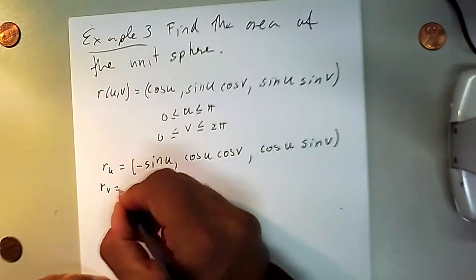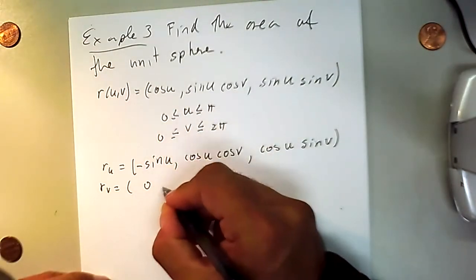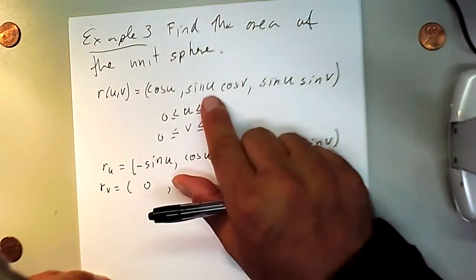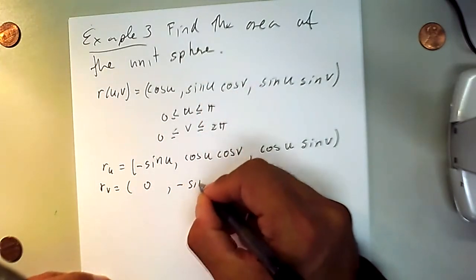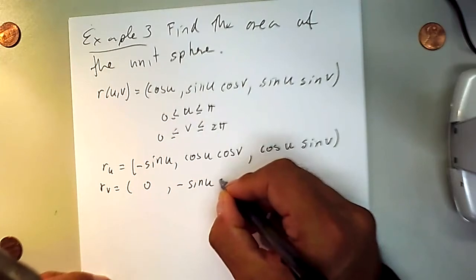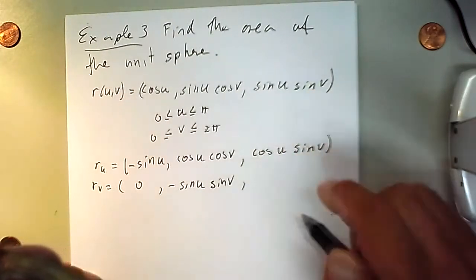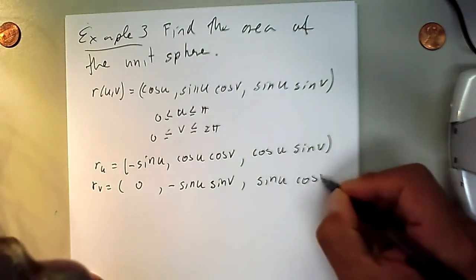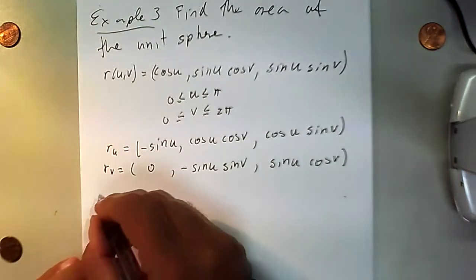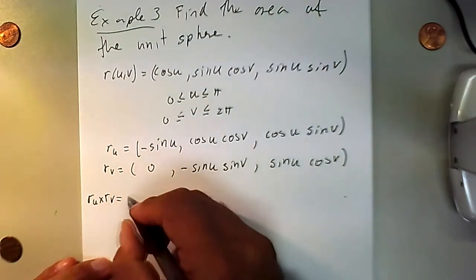For r sub v, that's going to be 0, comma, negative sine of u, keep the sine of v, comma, sine u cosine v. Okay, we're going to do r_u cross r_v.